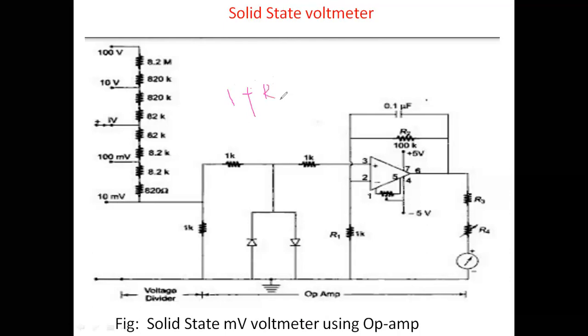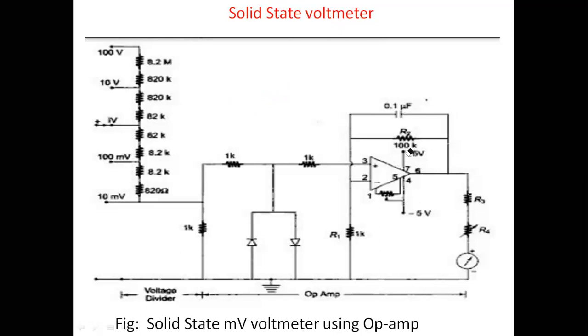Rf is the R2 resistance, 100 kilo ohms, and R1 is 1k. With that we get 101. The gain value of the op amp is 101.